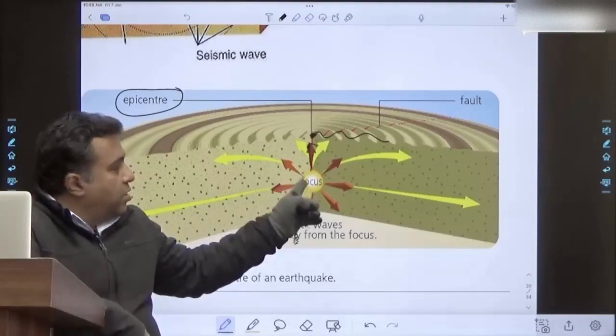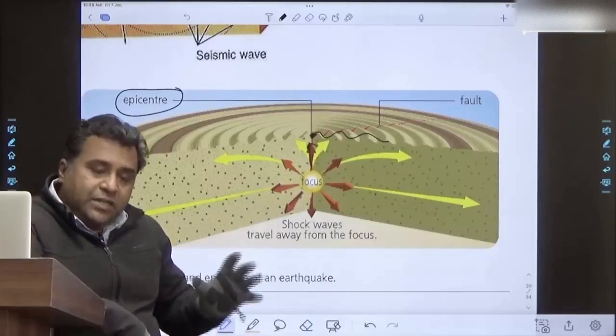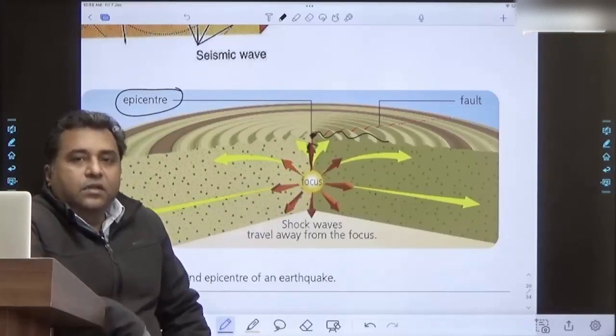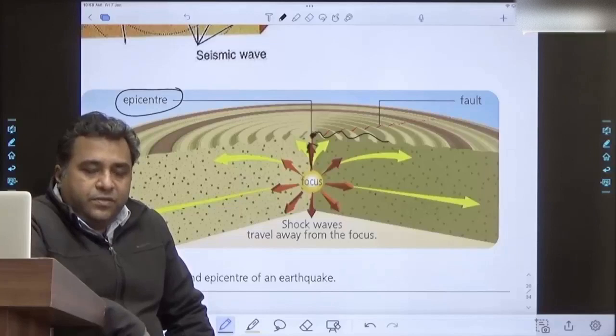So this region is called focus or hypocenter also. This is the other name I'm dictating here. Hypocenter in the interior of the Earth. Full stop.